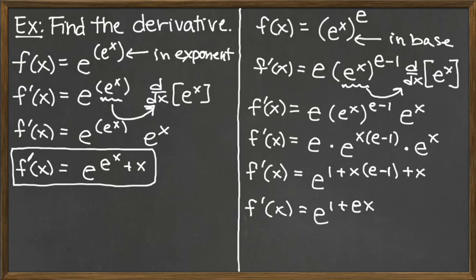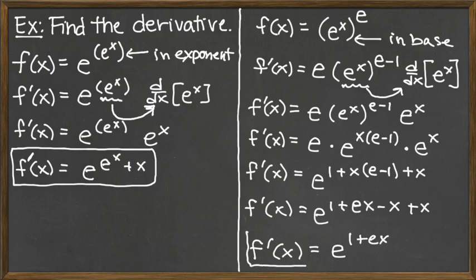And then we distribute that x across the subtraction, so we have minus x. But we have the plus x sitting at the end. In the end, we've got a minus x plus x that cancels, leaving us with the derivative f prime of x equals e to the 1 plus e times x. And so we have our final derivative for this case using the power rule.